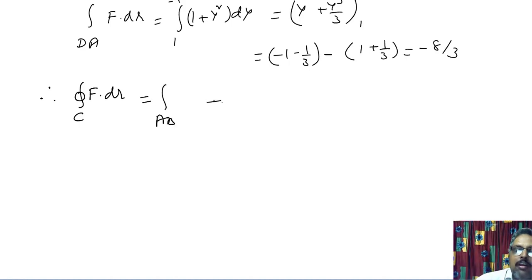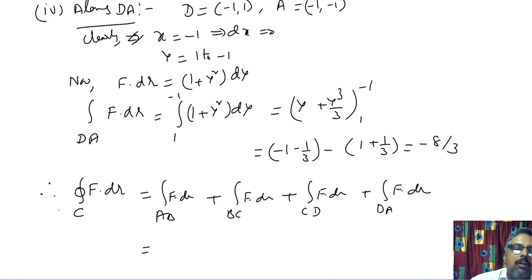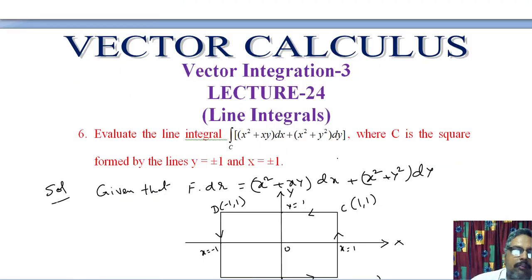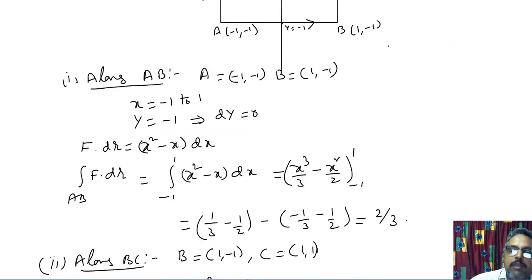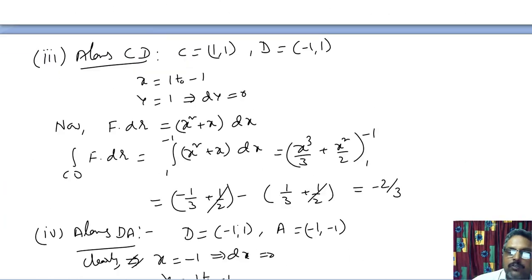The first value is 2 by 3, the second 8 by 3, then minus 2 by 3, minus 8 by 3. Simple.